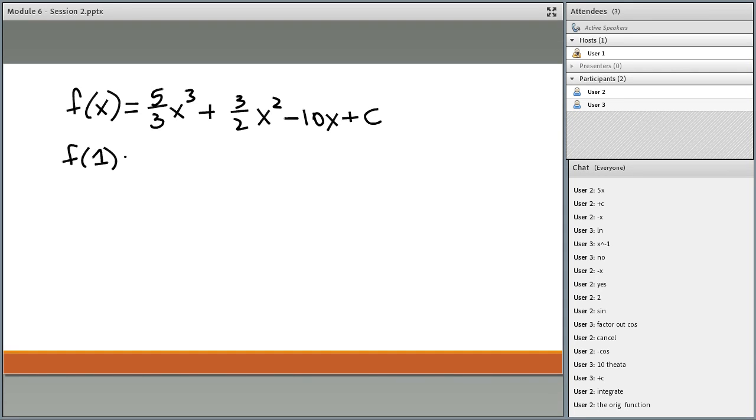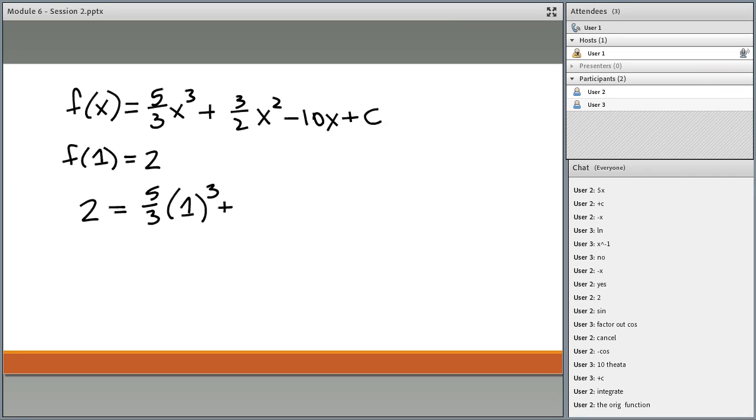So we were also told that f of 1 equals 2. So what that means is if we plug in x equals 1, that function is going to equal 2. And that means our only unknown at that point would be the constant. So f of 1 equals 2.